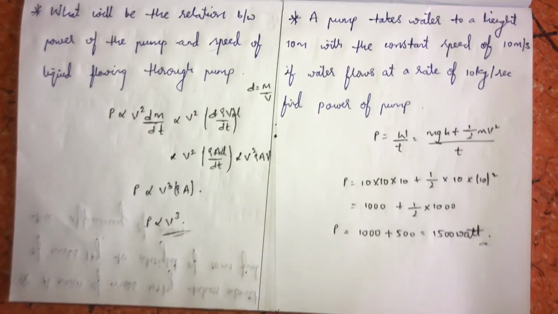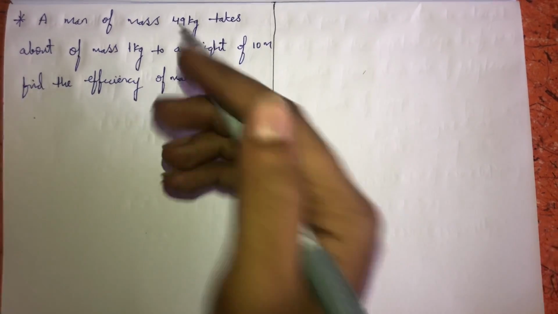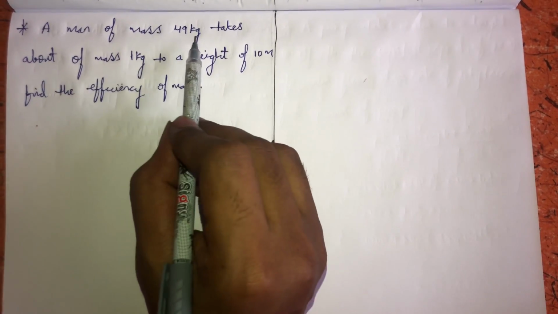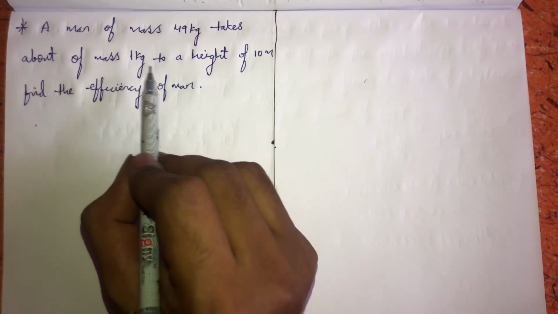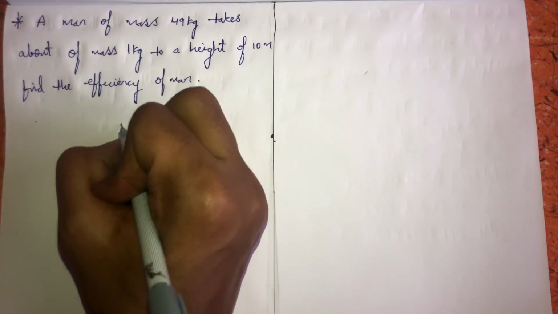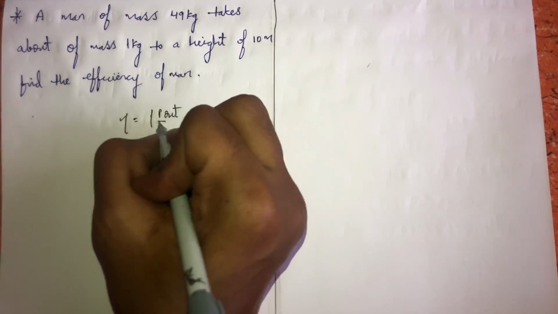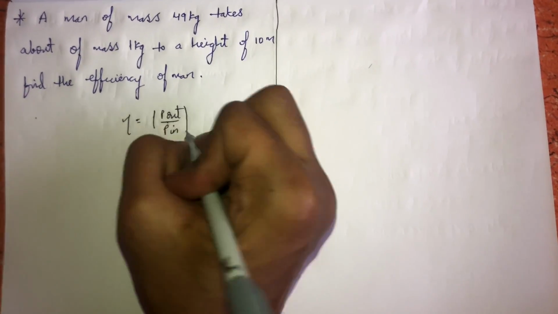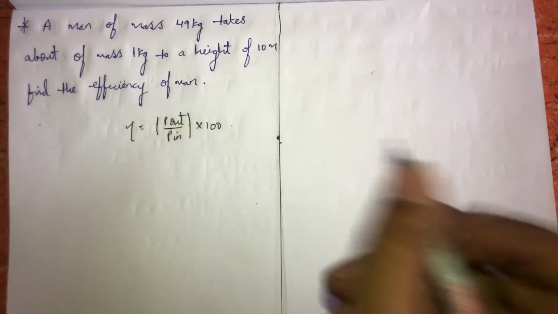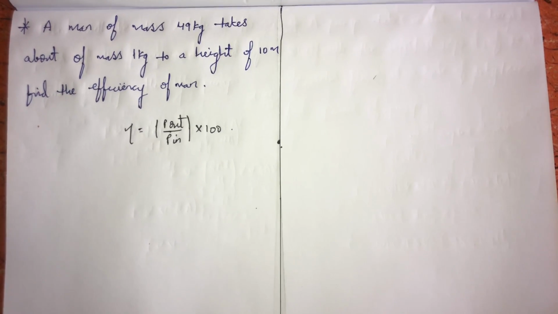That's simple. Here they ask us to find the efficiency of the man. Given a man of mass 49 kg takes a mass of 1 kg to a height of 10 meters. As we know that efficiency is equal to P output by P input into 100. P output means the actual work done by the man in lifting a body.